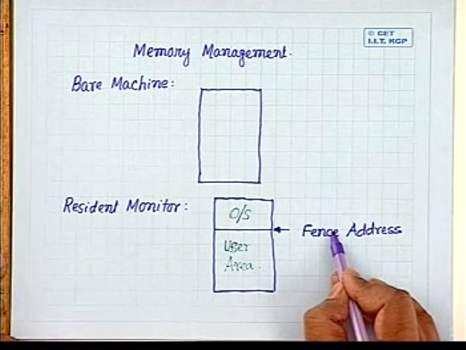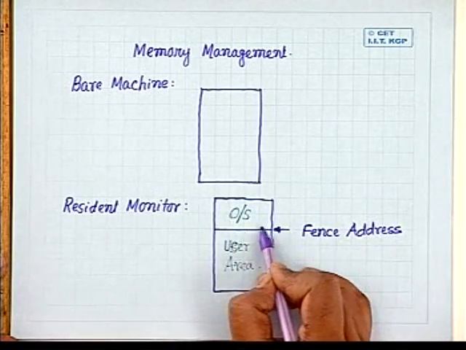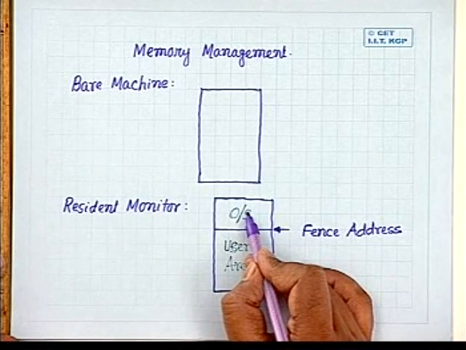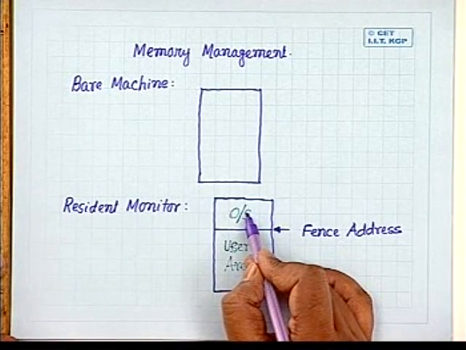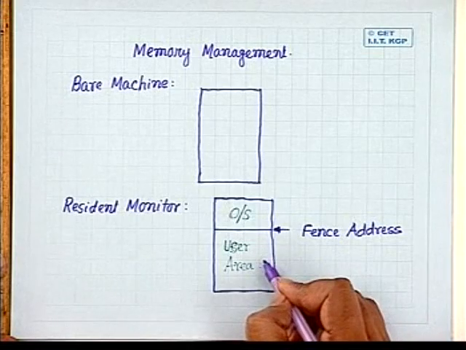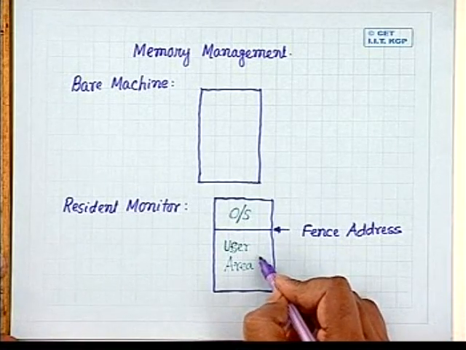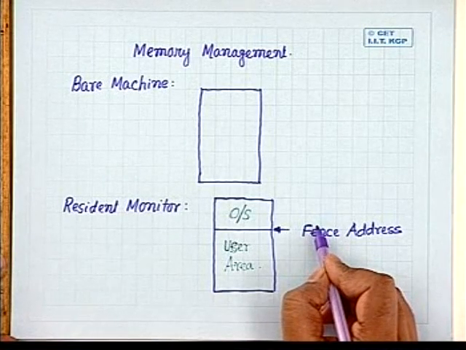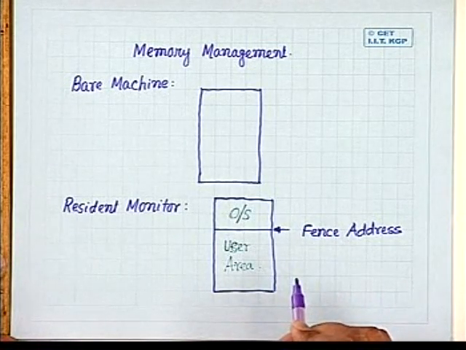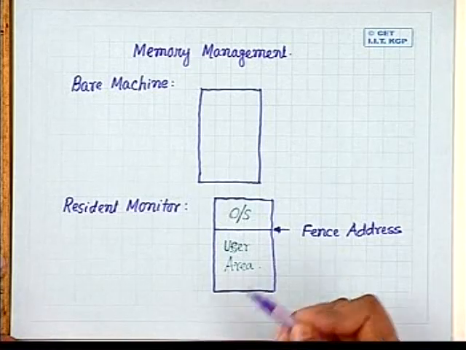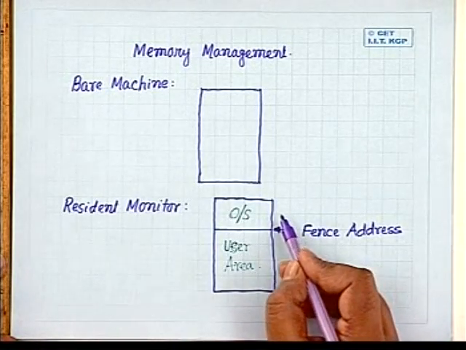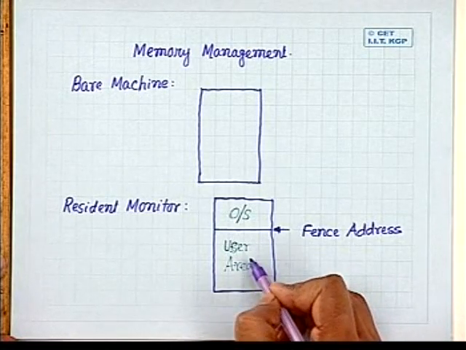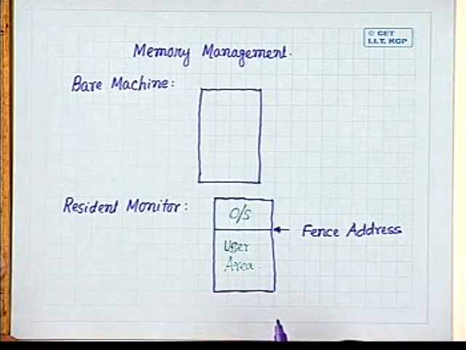If the address is less than the fence address, then we know that the user program is trying to access the monitor area of the memory, which should not be permitted. So whenever the address generated by the CPU while executing the user program becomes less than the fence address, there will be an interrupt saying that the user is trying to access an area which is not permitted. Following that interrupt, the user program has to be terminated.